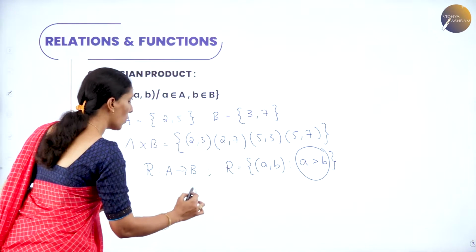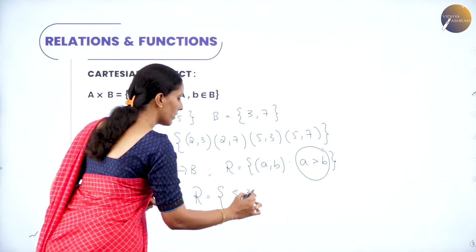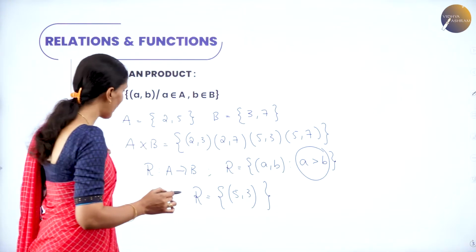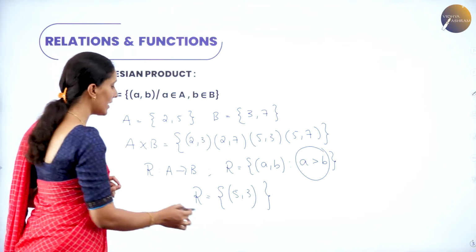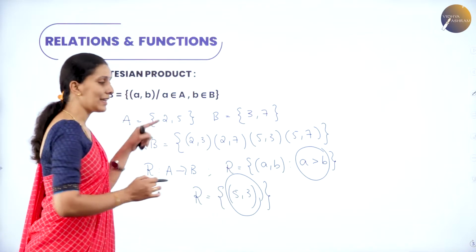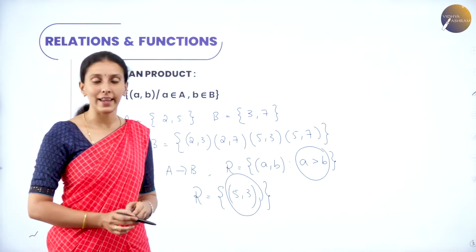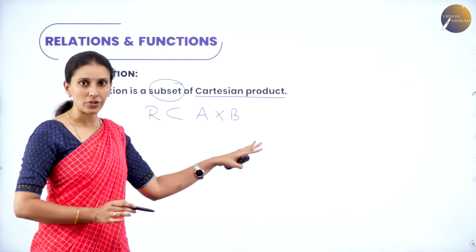So, therefore, the only element in the relation is (5, 3). So, just by inserting some condition, we are writing the relation from A to B. Clearly, you can see (5, 3) is an element of the Cartesian product A cross B. Hence, we say that a relation is always a subset of a Cartesian product.